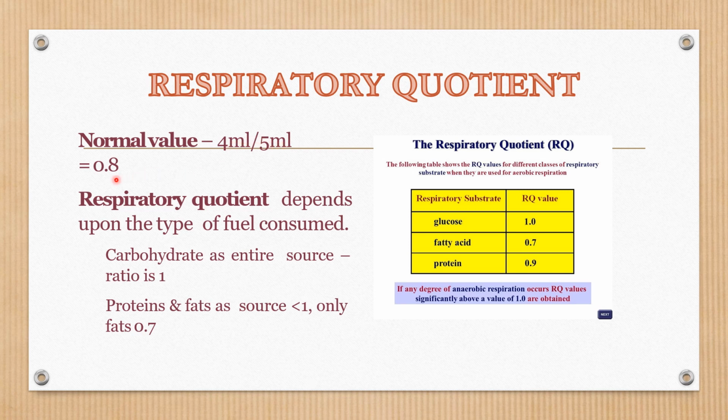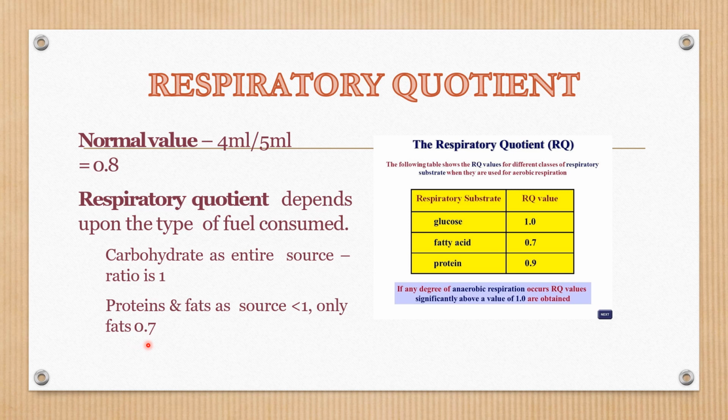The normal value is 0.8. It depends upon the type of fuel, that is the type of food we consume. For persons taking carbohydrates as the entire source, the ratio will be 1. For proteins and fats as the complete source, the ratio will be less than 1, and for fats only, it is 0.7.